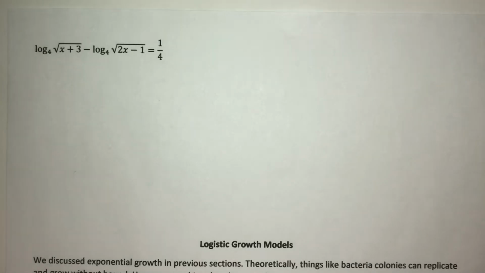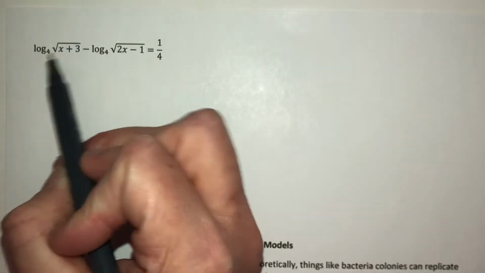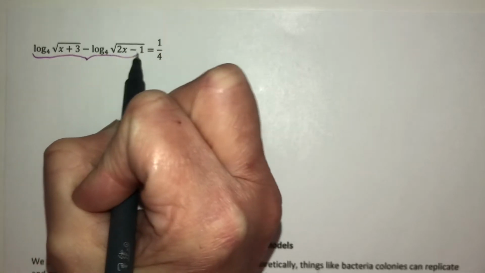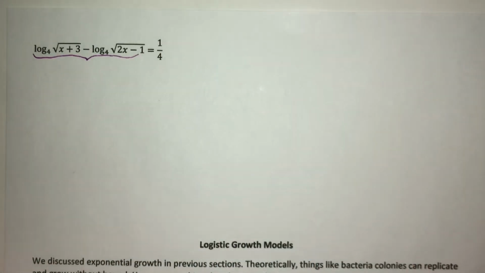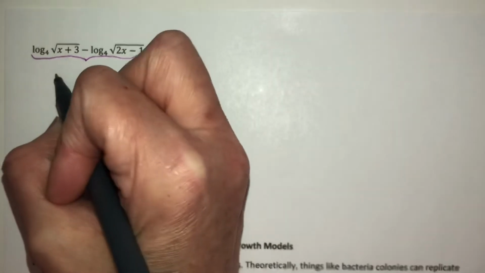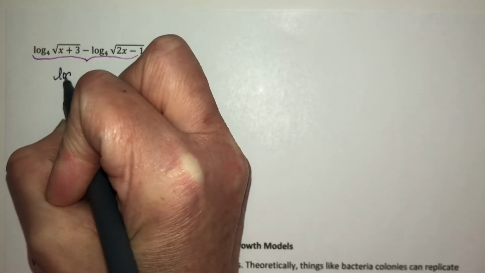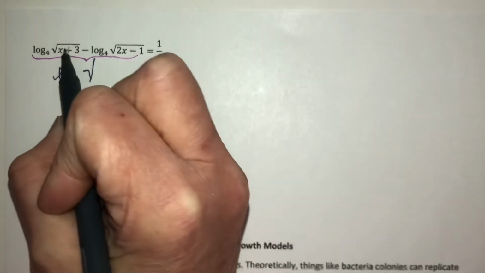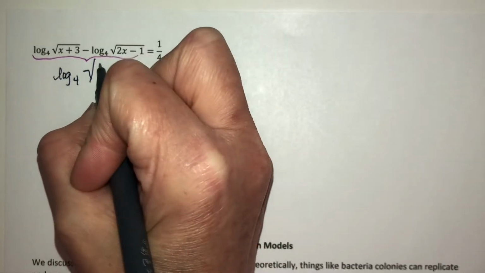So I'm going to apply the property that says if I have the same base and they are subtracted, I get to combine those using division. So what I have here is log base 4 of, and when I have a division, I can put the root over the top and the bottom.